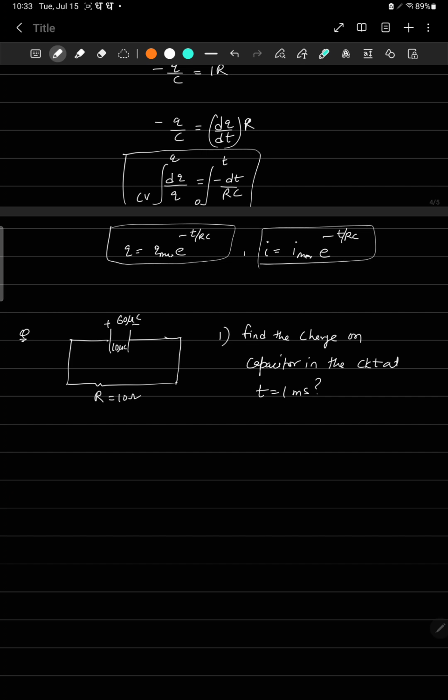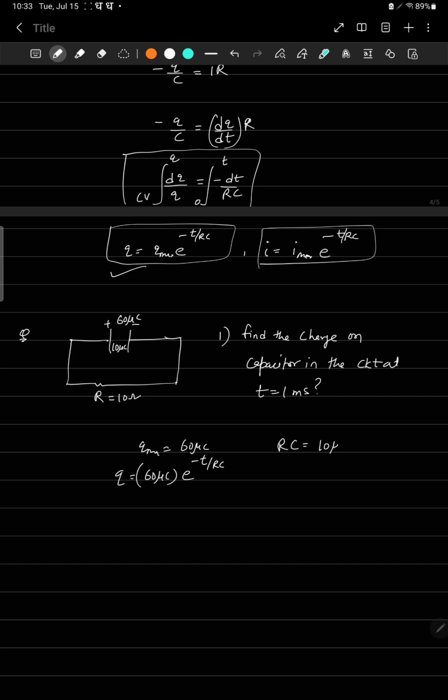We see the diagram. The capacitor is connected with the resistor here, and the capacitor is initially charged, so it is a case of discharging. We need to find the charge, and this is the formula. First of all, the maximum charge on the capacitor is 60 microcoulomb. So I'm going to use the formula e to power minus t by RC. What is RC here?